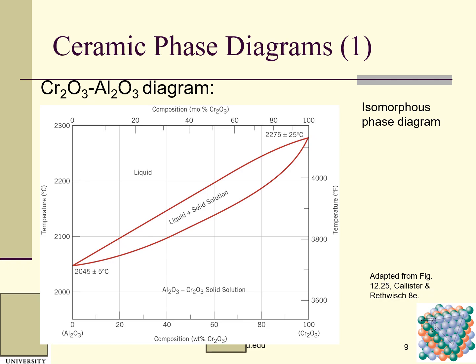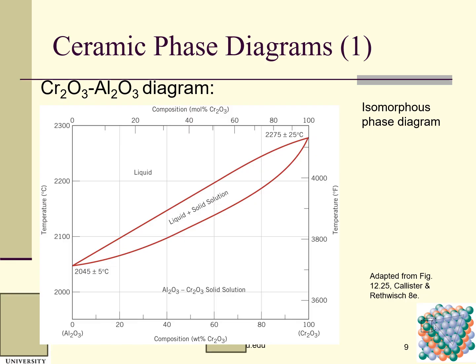The abscissa is the composition of the material. Here we have two compounds: chromium oxide and aluminum oxide. This position means 0% chromium oxide, that means 100% aluminum oxide.